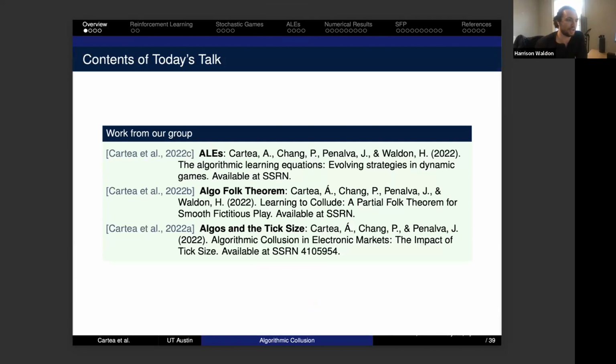The contents of today's talk will primarily be drawn from two working papers, the first two listed here. But for those interested, I should also point you to another working paper by my co-authors, which uses a lot of the techniques presented today to study the impact of price discretization on collusion. I can send that one as well.